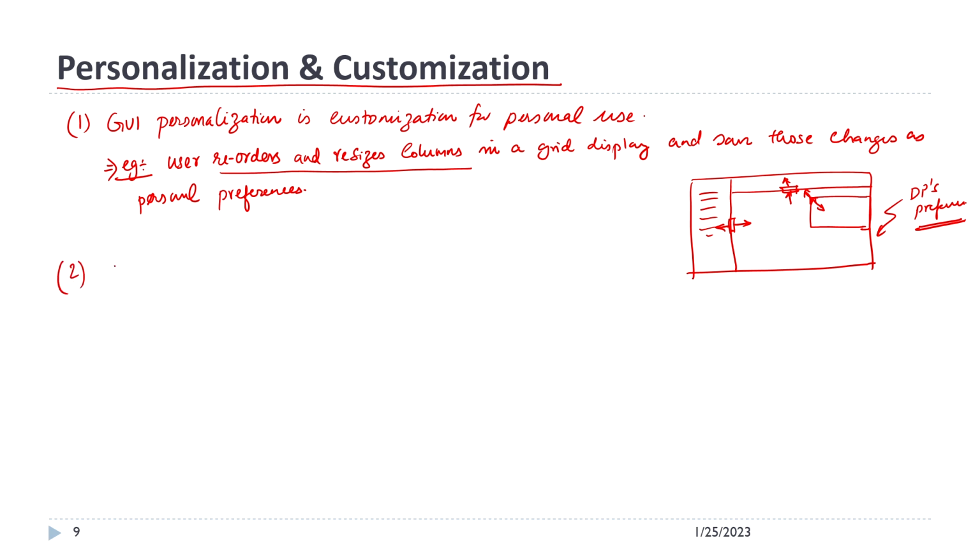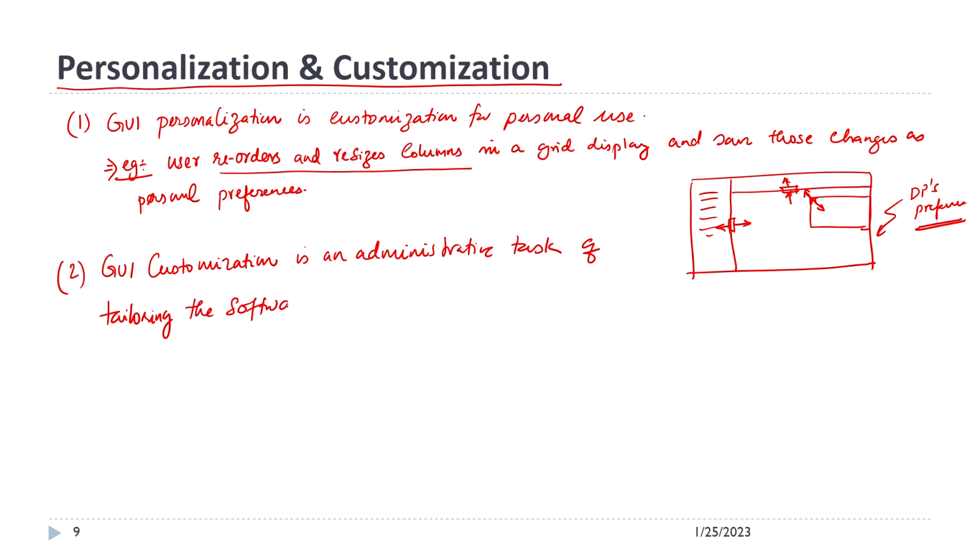Second part, GUI customization. Okay. So, personalization we just talked about, but compared to GUI personalization, GUI customization is an administrative task of tailoring the software to different groups of users.